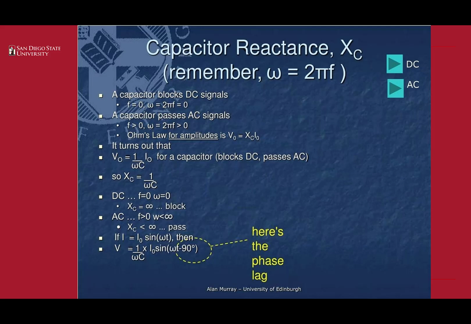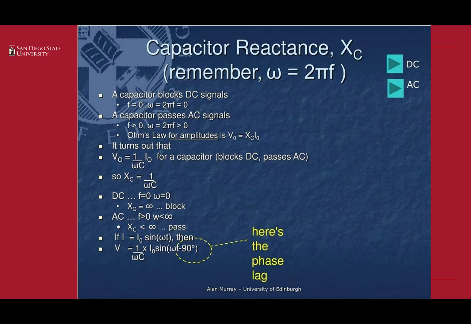For AC, f will be greater than 0, and omega will also be greater than 0. So XC will be smaller than infinite, and for a reasonable XC value, we will get our signal to pass through that sort of resistance.